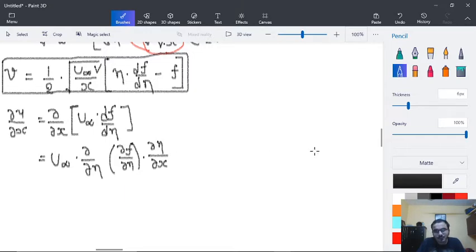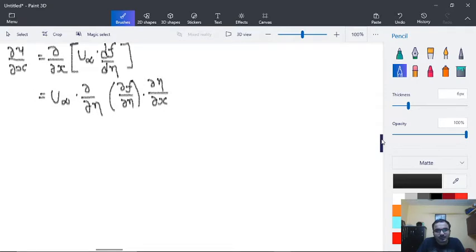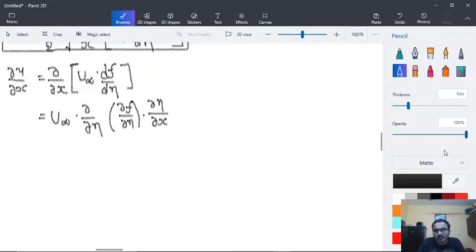Okay, so what we have done here, that we have simply taken u infinity outside, and instead of this as well as instead of this we have put this, which is simple differentiation technique. Okay, so here now let's begin ahead.